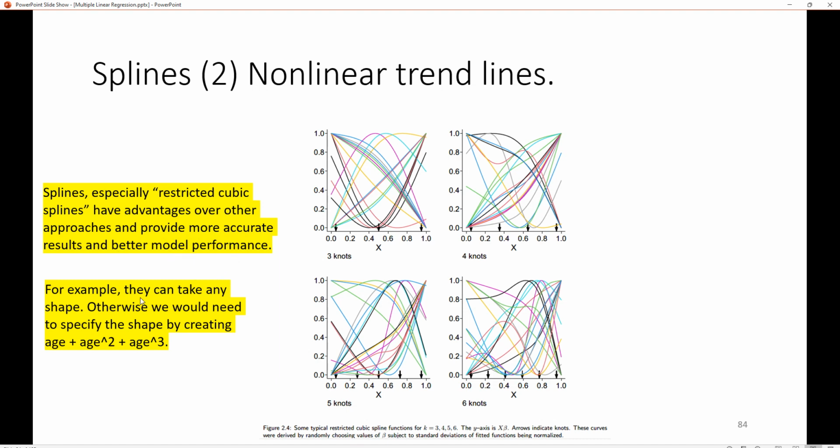For example, they can take any shape. Otherwise, we would need to specify the shape by creating age plus age squared plus age cubed. So rather than trying to go through that, it would be easier to just apply your splines and let your splines get calculated and find those nonlinear trends in the data.